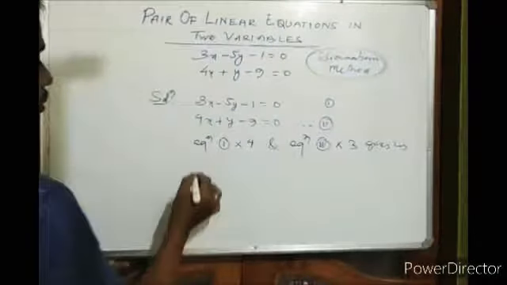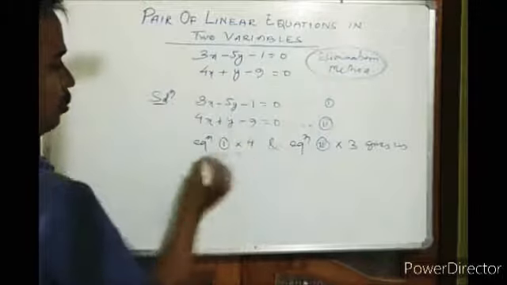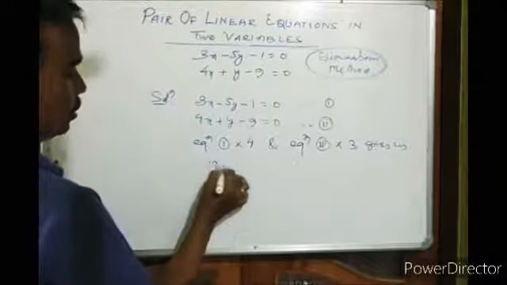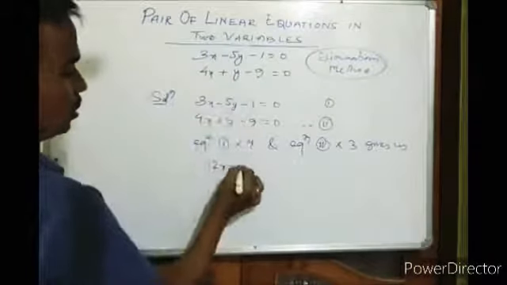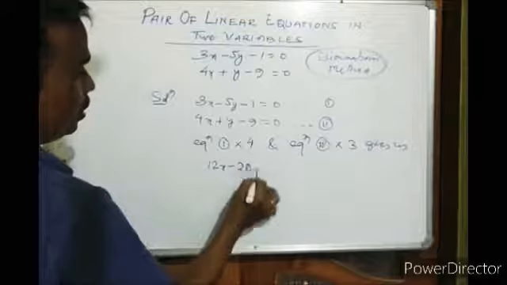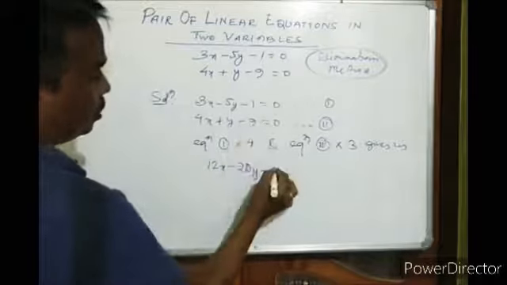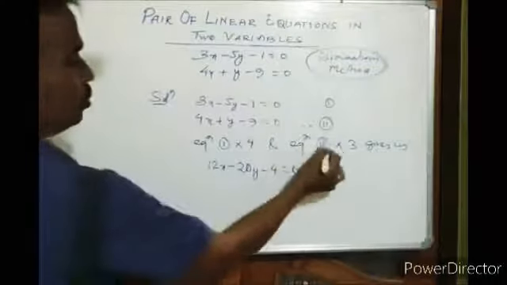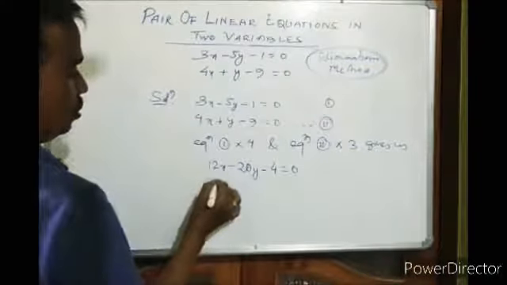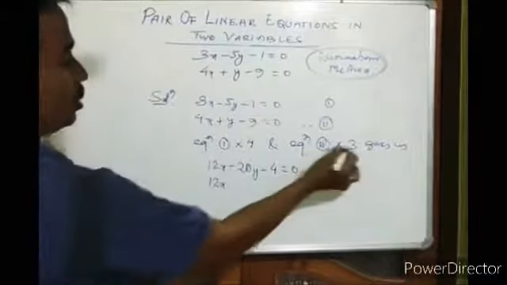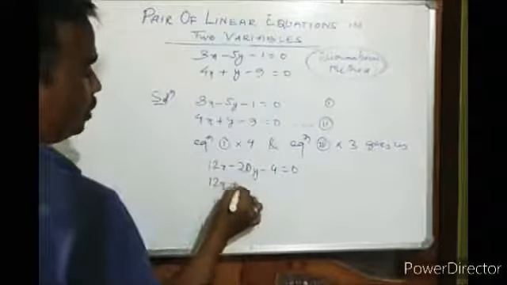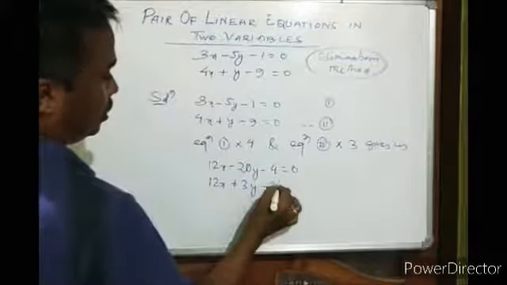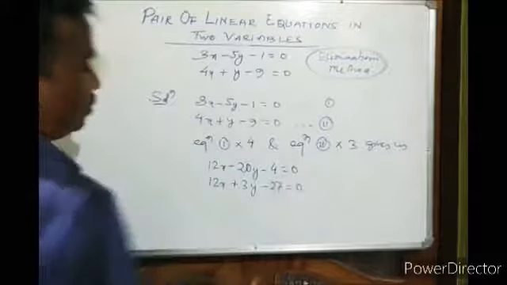Multiplying by 4, 4 into 3 is 12, so 12x, 4 into 5 is 20y, minus 4 into 1 is 4, equal to 0. Then equation 2 by 3: 3 into 4 is 12x, 3 into y is 3y, minus 3 into 9 is 27, equal to 0.